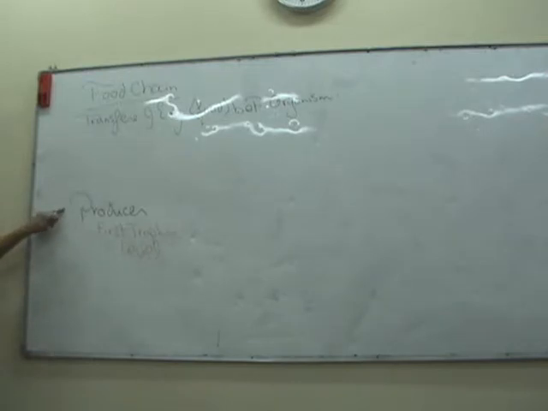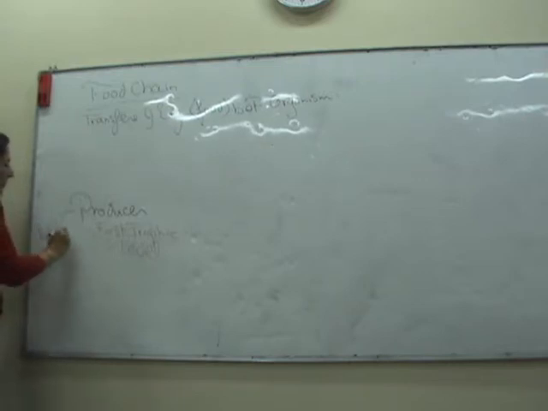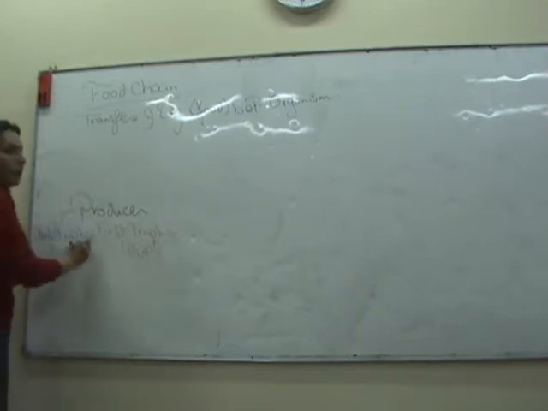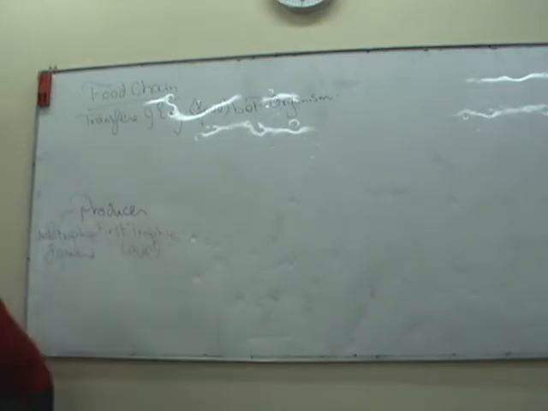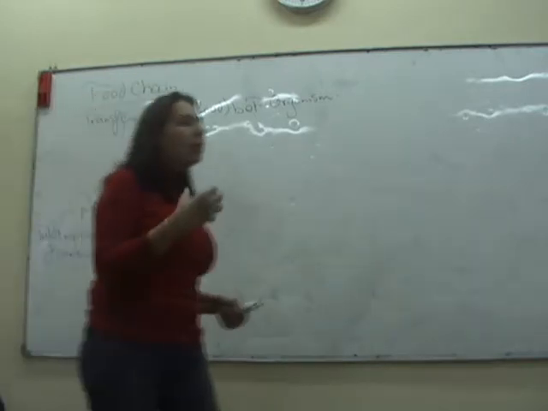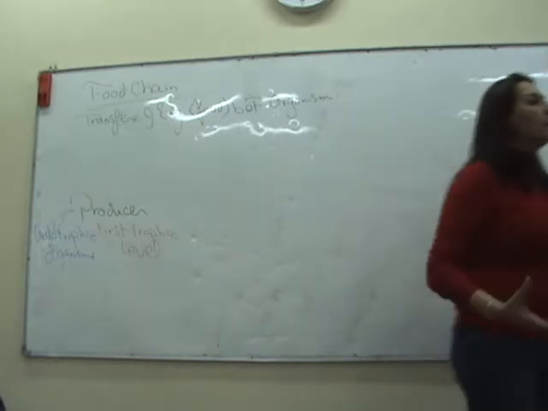And what is a producer? It's an autotrophic organism. Not all autotrophic organisms are plants. You have some autotrophic bacteria, you have autotrophic protists, but not all autotrophs are plants.